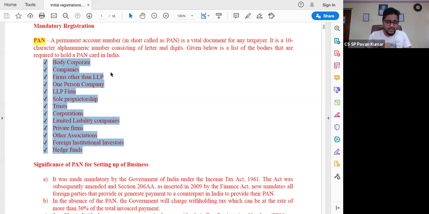How can a sole proprietary get one? For example, I am doing business in my own name, Pavan Kumar. Sometimes instead of doing it in my name, I would like to do it under a brand name, like how Amul is doing, or like how Bata is doing.